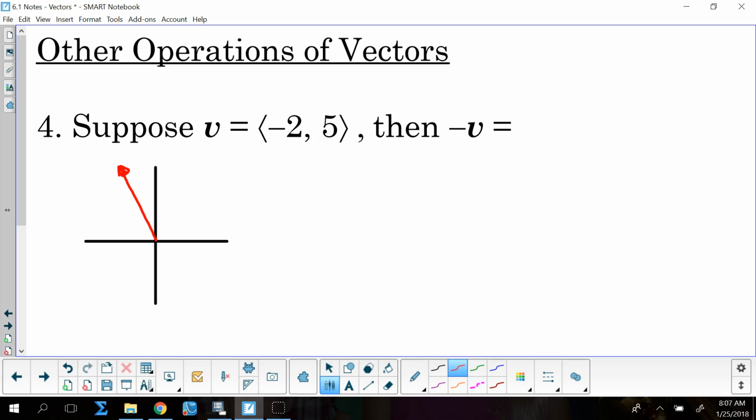You would switch all the directions, right? It's going in the total opposite direction. So in terms of my direction angle, how are the direction angles related?